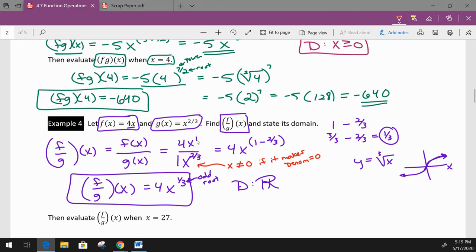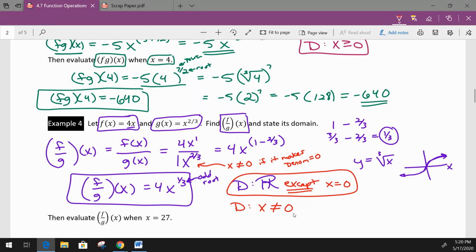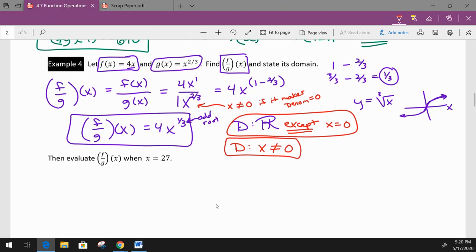So that would make this fraction undefined. So our domain is really not all real numbers. It's all real numbers except x equals 0. So that's one way of writing it. Or you can just simply say your domain is x not equal to 0, which basically means it can be anything other than 0.